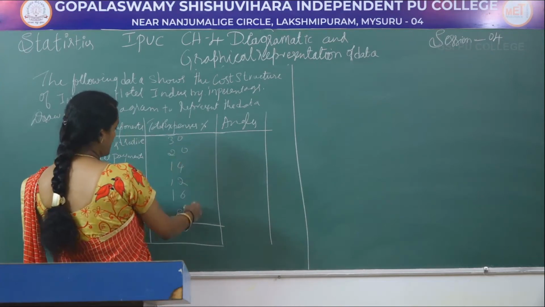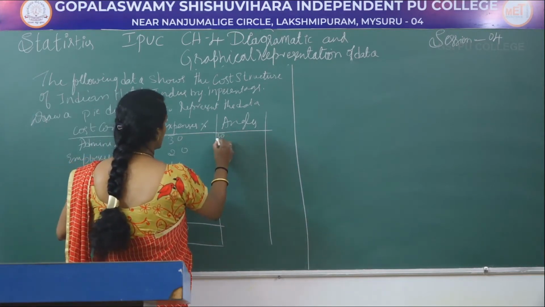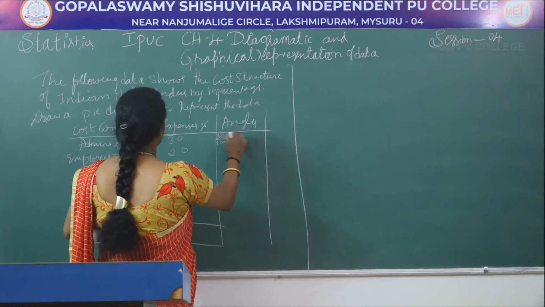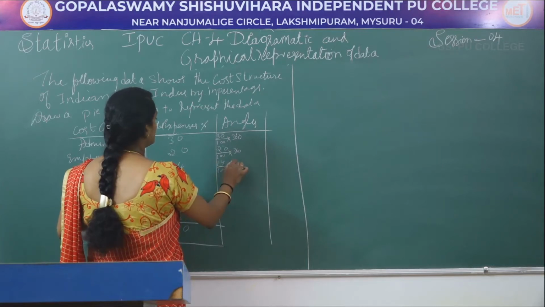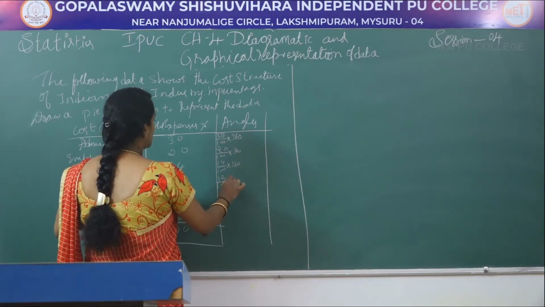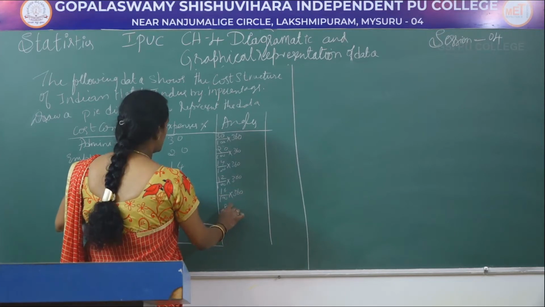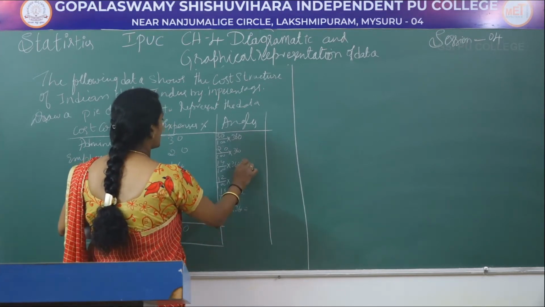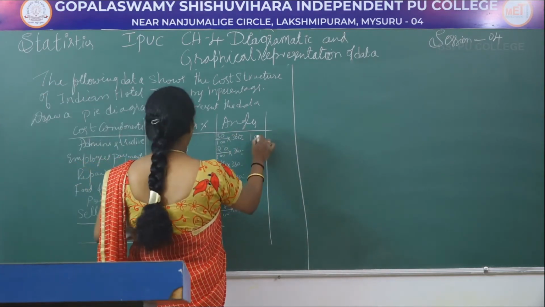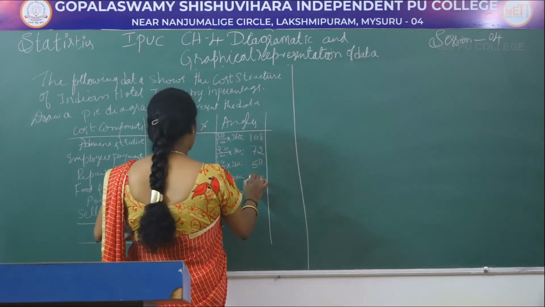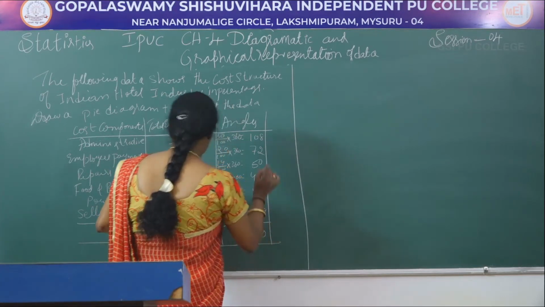So for each and every value or expense, we have to take the calculation, that is 30 divided by 100 into 360, 20 divided by 100 into 360, 14 divided by 100 into 360, 12 divided by 100 into 360, 16 divided by 100 into 360, 8 divided by 100 into 360, because the total angle of a circle is 360 degrees. So the values will be 108, 72, 50, 43, 58, 29, and here the total angle is 360.